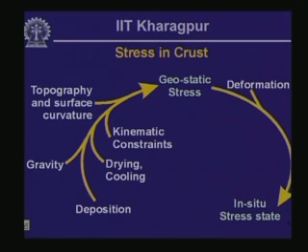Now, the state of stress that develops in this manner is called geostatic stress, because the development is a result of a quasi-static process, and no movement of masses of rock is involved in this particular process. So, let us consider all these aspects one by one.